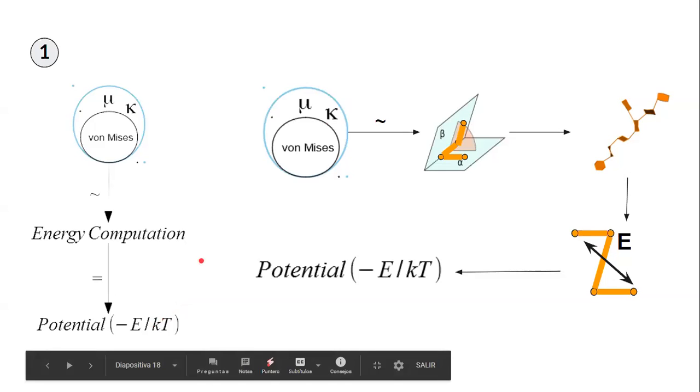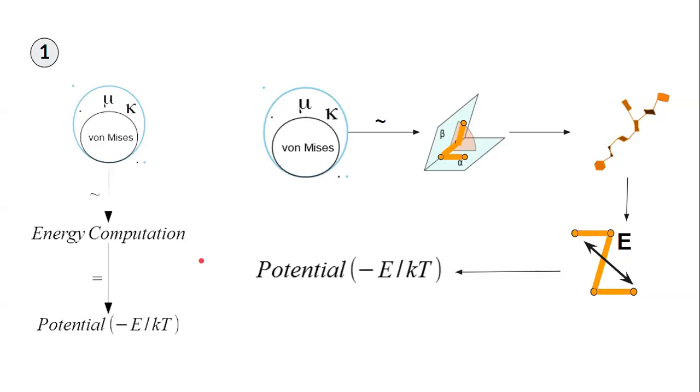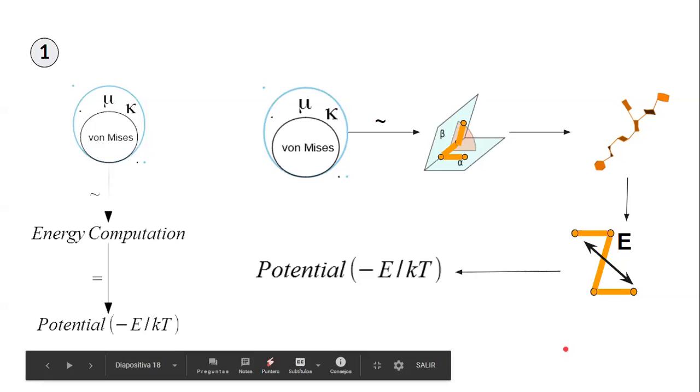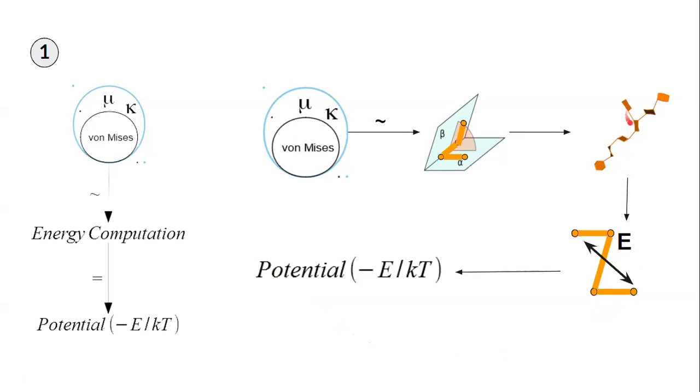This Bayesian model is part Bayesian model, part simulation. Because as I tried to represent here on the right, there is a simulation of a glycan molecule, and these glycan molecules' torsion angles are set to the values that were drawn from the prior.